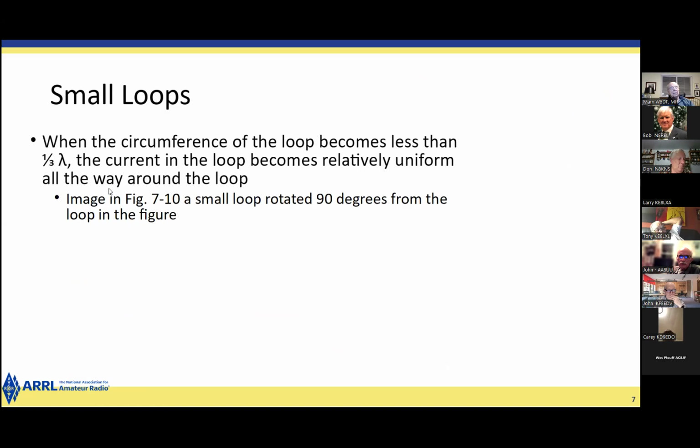I'll tell you where a lot of guys are using loops: for receiving antennas, including small loops. When the circumference of the loop becomes less than a third wavelength, the current in the loop becomes relatively uniform all the way around the loop.